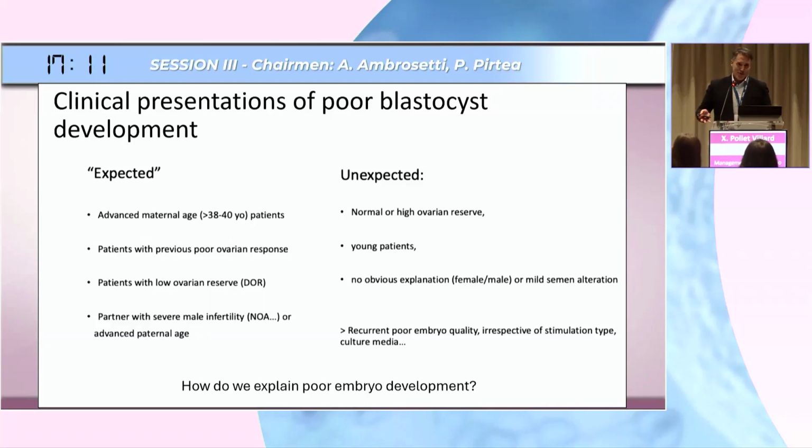I found, of course, studies that were looking at this kind of patient, no blastocyst or poor embryo development, but I also chose to present some data and some clinical situations where you have a higher or lower prevalence of good embryo quality, and also some interventions that are not focused on poor embryo development patients, but that have been shown to increase oocyte and blastocyst quality and development.